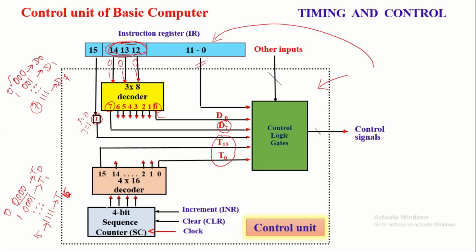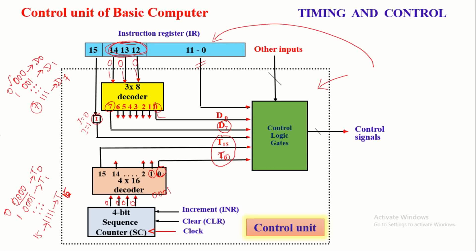If the output generated by the 4-bit sequence counter is 0000, then its decimal equivalent is 0, so the 4 by 16 decoder will activate the timing signal T0. And if the input given to the 4 by 16 decoder is 0001, which is equivalent to the decimal number 1, then it will activate the timing signal T1.